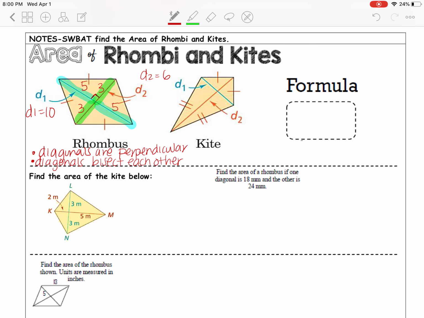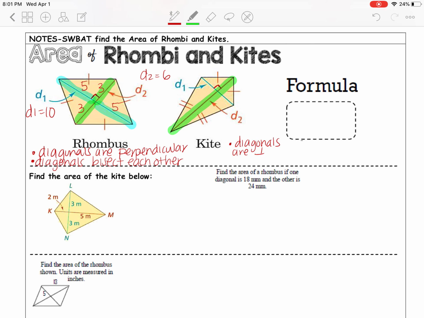All right, for the kite, we still need to recall the property that diagonals are perpendicular. Okay, so we're still going to be placing the 90-degree angle where the two diagonals meet. But notice that in the kite, one of the diagonals serves as the axis of symmetry. So in this particular kite, the diagonal 2 is the axis of symmetry.